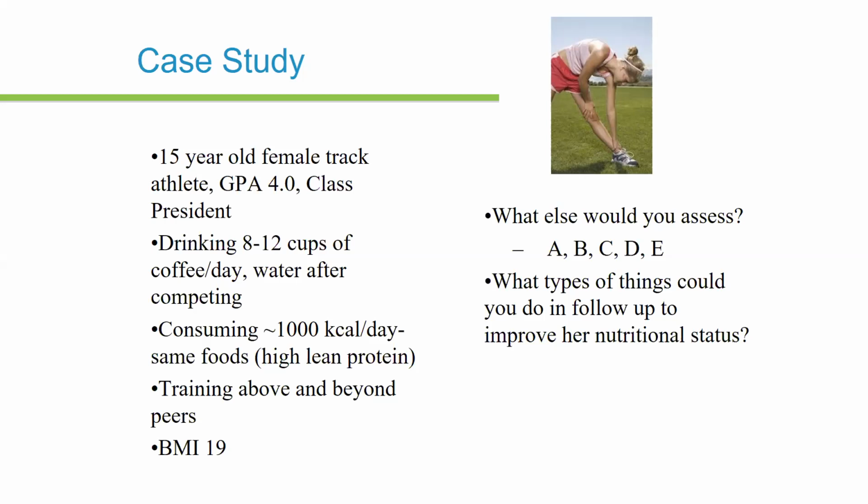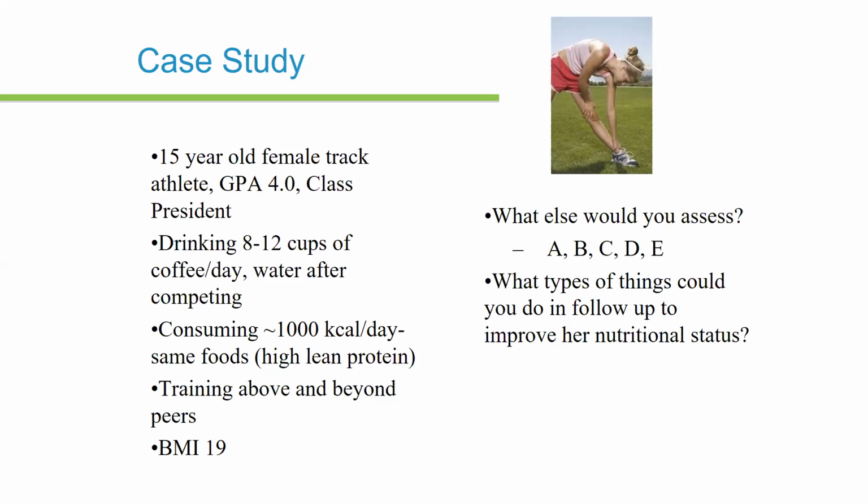For clinical, you'd want to know if she has other health conditions, if there's anything that runs in her family and might be genetic. For diet, you would do a very thorough diet history, not only a 24-hour recall, so everything she's eaten within the last 24 hours. You'd also want to know her usual eating habits, what she does on the weekends, the difference between eating while she's competing and eating during the off season.